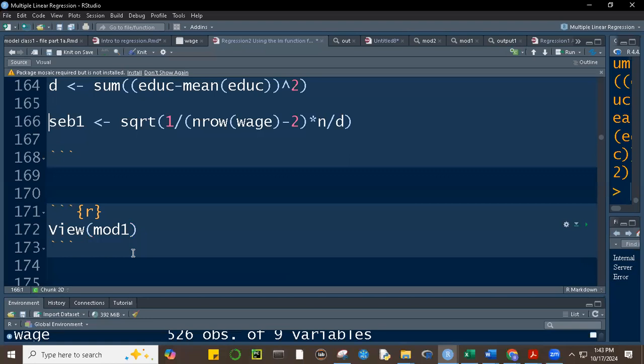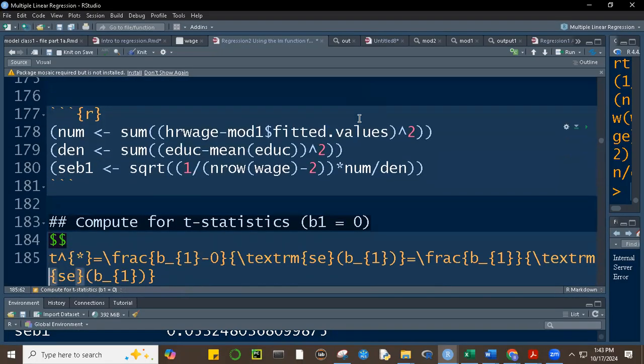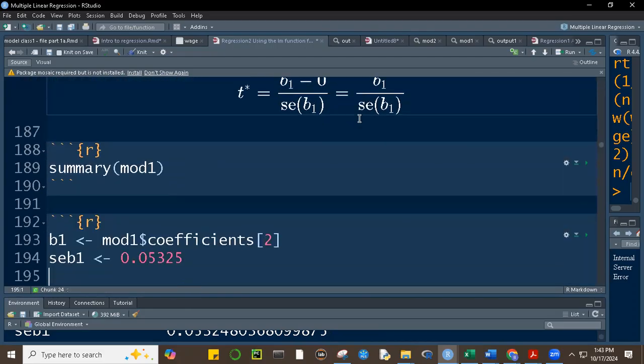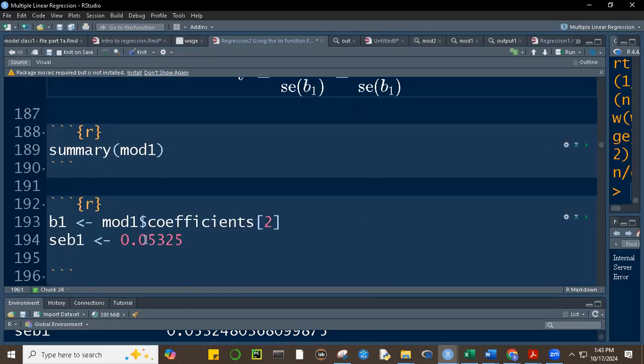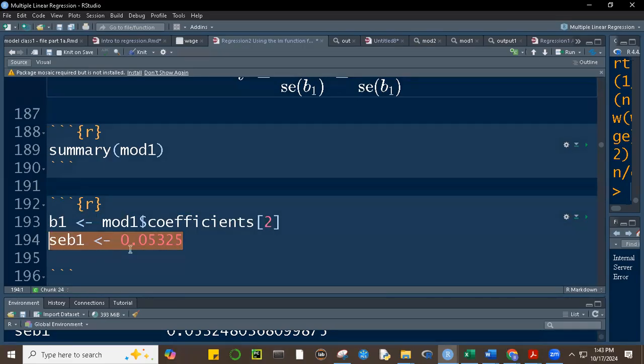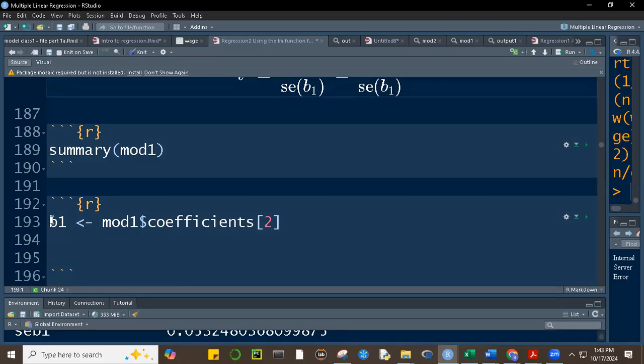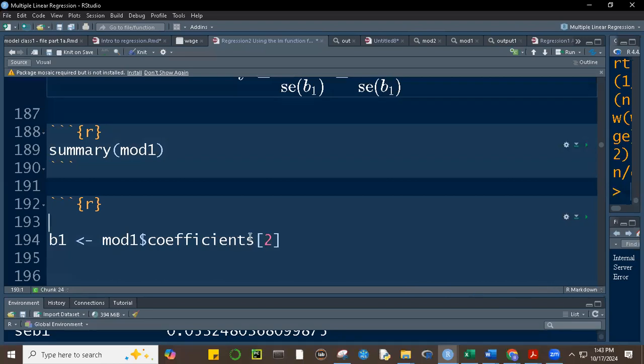We already have SEB1. I run this. I'll not share this with you because it's simple. So let's compute your T stat. Let's compute the T stat for your B1.